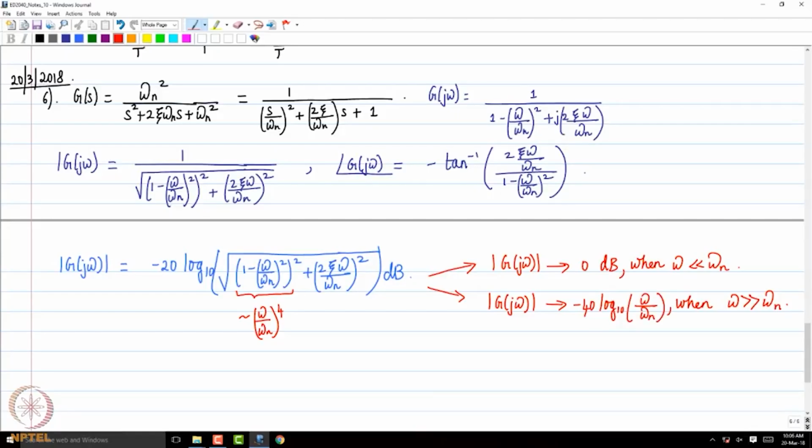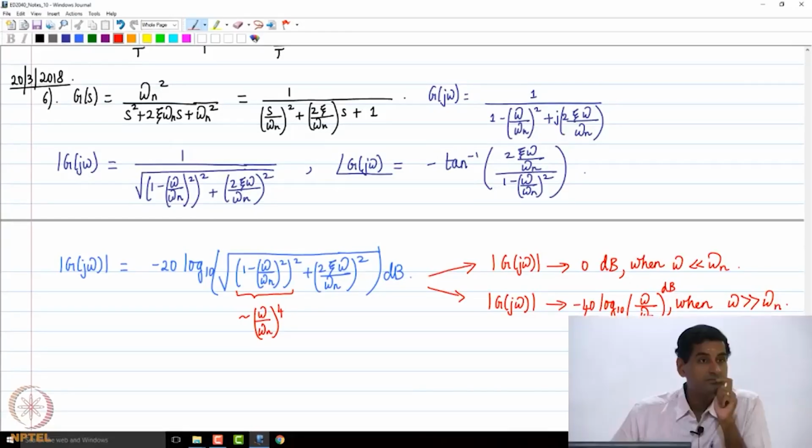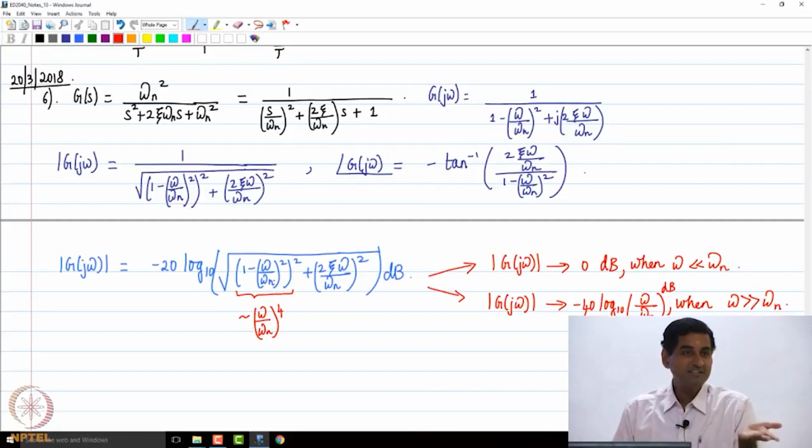Of course this is in decibels, right? So is it clear how we got minus 40 log omega by omega n? You can see that the first term tends to omega by omega n to the power 4, and the second term is like omega by omega n whole square. Just think that omega by omega n is 10 power 3. So the first term is going to be like 10 power 12, and the second term is going to be like 10 power 6.